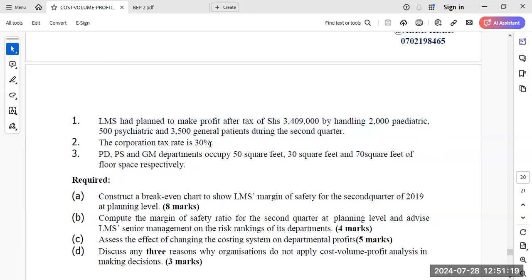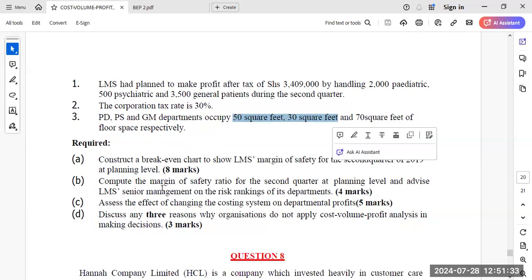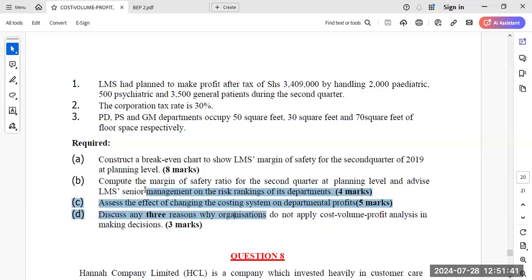They are telling you in note number 2 the rate is this. Then note number 3, you have the PD, PS, GM departments' occupancy. Now you have floor space. This one is going to help you when you're answering parts of the question, the parts where they are saying you assess the effect of changing the costing system on departmental profits.